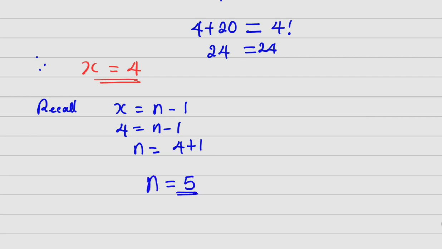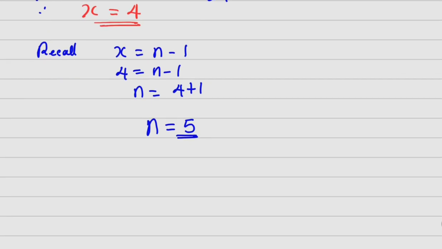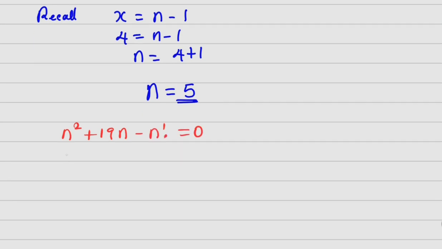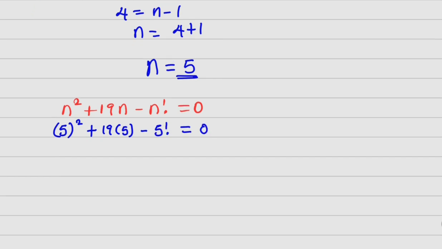And having this, you can actually test and see. Now, the testing will be that you are going to substitute it into n squared plus 19n minus n factorial. See whether it's equals to 0. So this is going to be 5 all squared plus 19 times 5, then minus 5 factorial. Is it equals to 0?